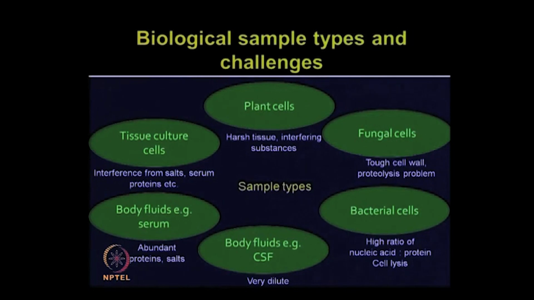If you are interested in plant cells to extract the protein, those are very hard tissue and there are various interfering substances present there, phenolics and other salts. Now, you need to get rid of those interfering substances.